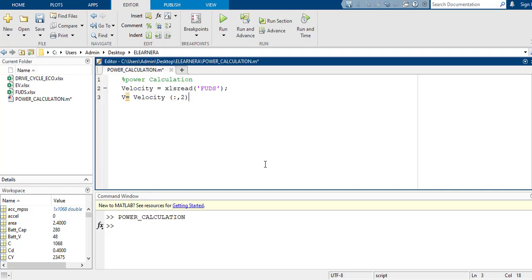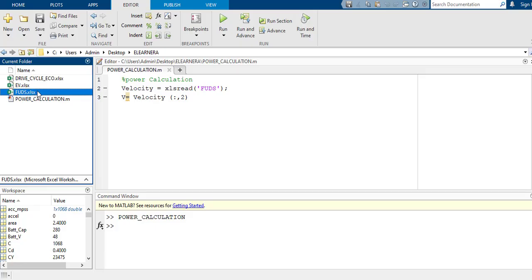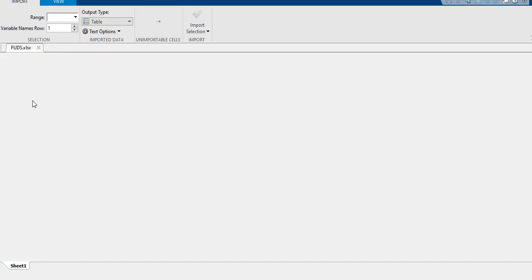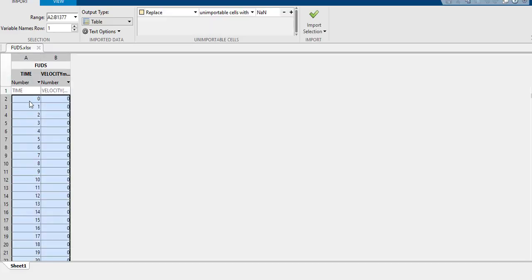Velocity and time. So as you see, this FUDS cycle has two columns. In the first column there is time, and in the second column there is velocity.